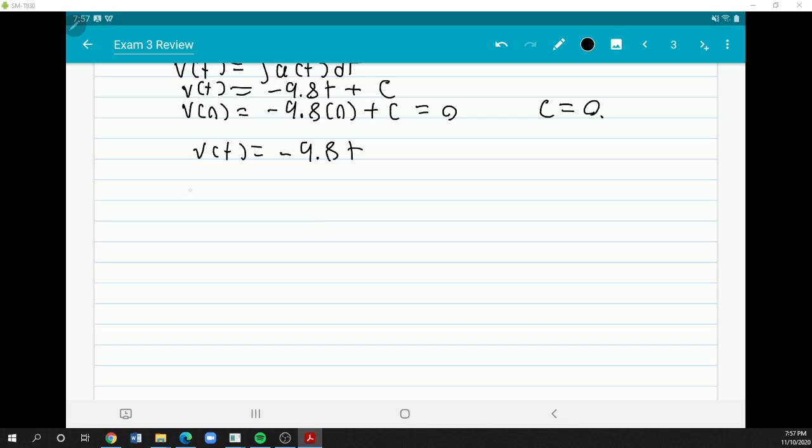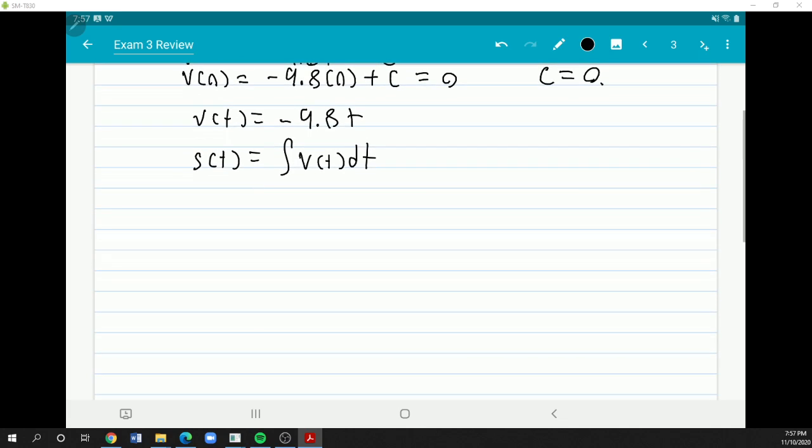Next up, s of t is equal to the indefinite integral of v of t dt, because they're related by being position as the antiderivative of velocity. So same thing, this gives us that s of t must be equal to minus 4.9 t squared plus another constant of integration.